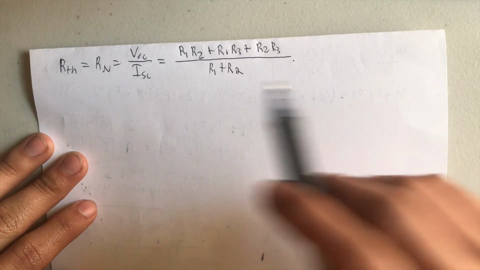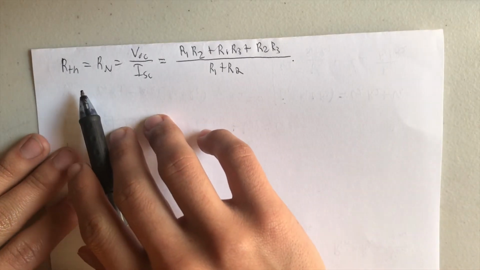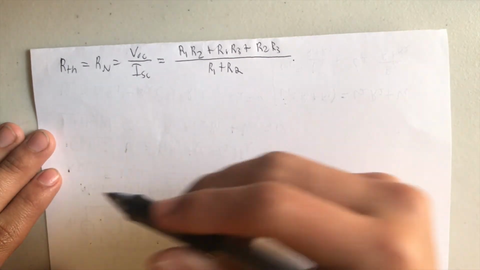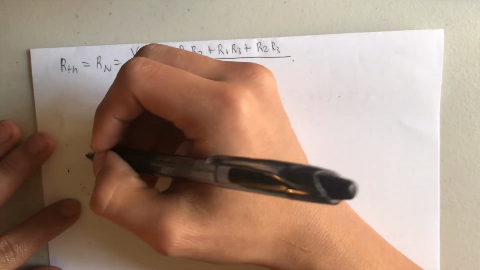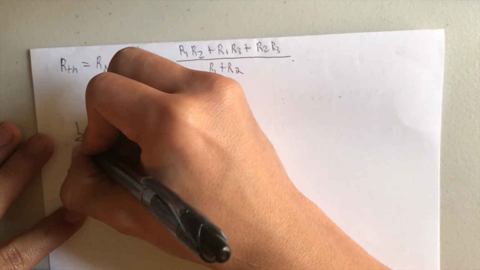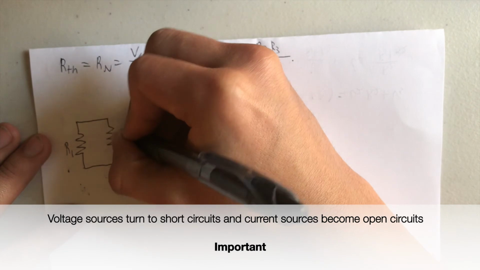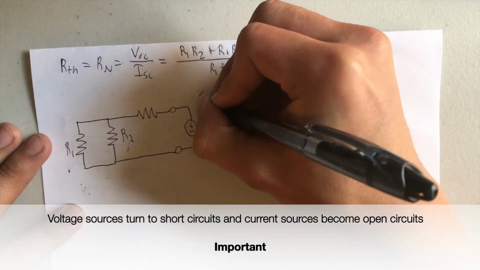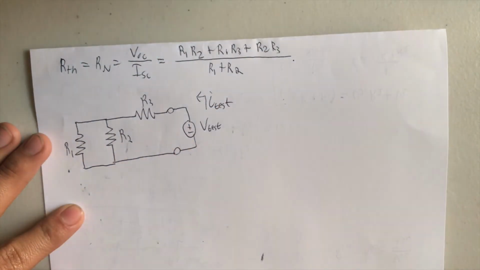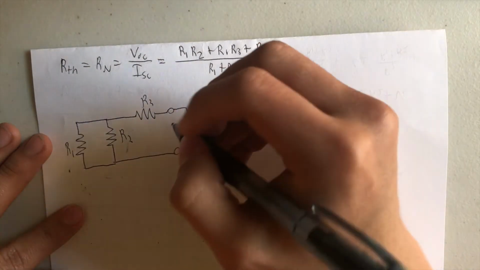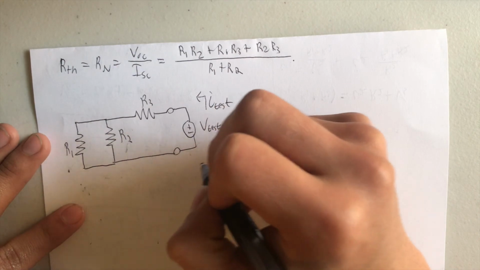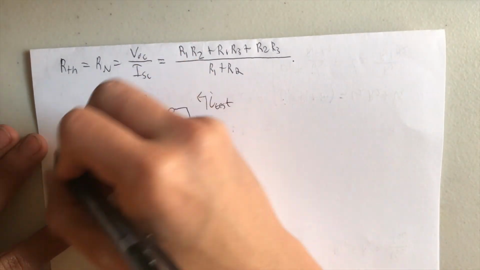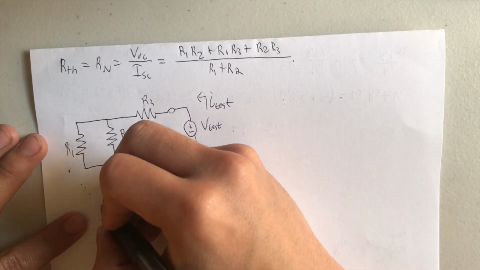The second way we can find the Thevenin resistance and Norton resistance is by finding the resistance looking in. We kill all the independent sources, and we apply a test voltage and a test current to find the resistance looking in. And by inspection, we find that this is a parallel resistance.